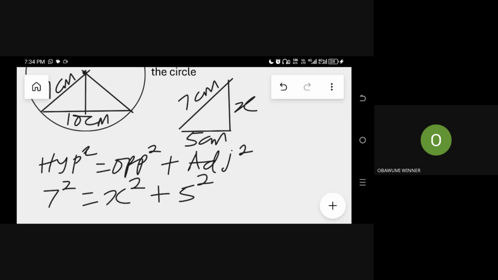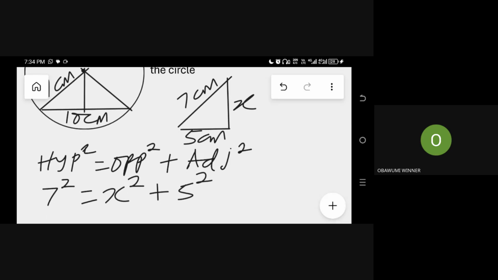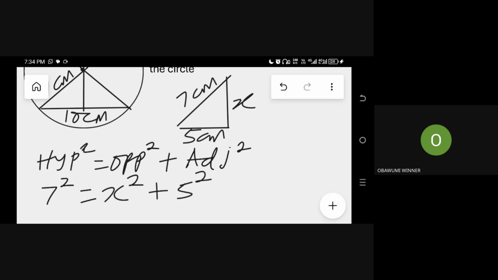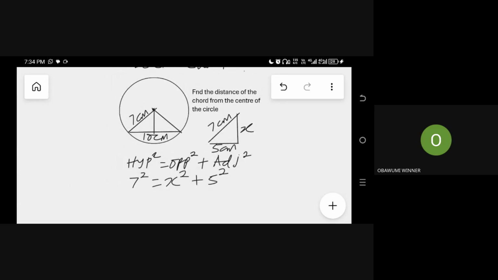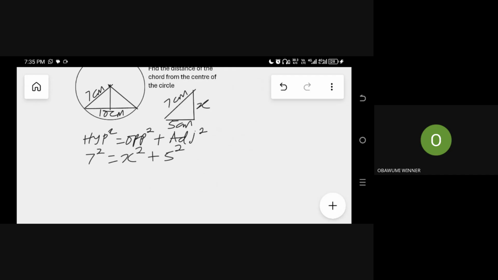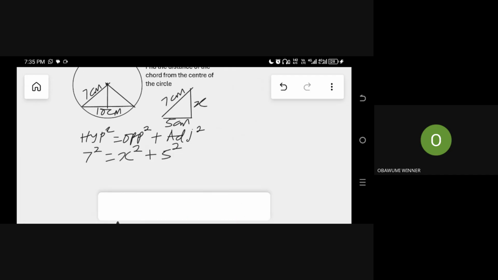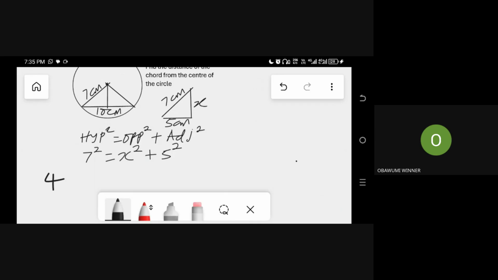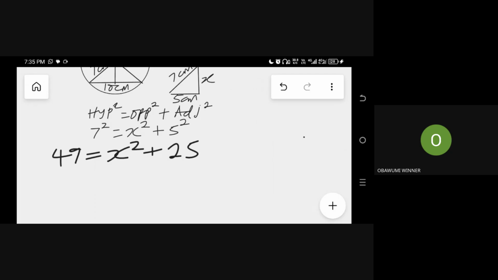So hypotenuse squared is equal to opposite squared plus adjacent squared. Then that gives us hypotenuse is 7. That gives us 7 squared is equal to S squared plus 5 squared. 7 squared is 49, equal to S squared plus 25, which is 5 to the power of 2.